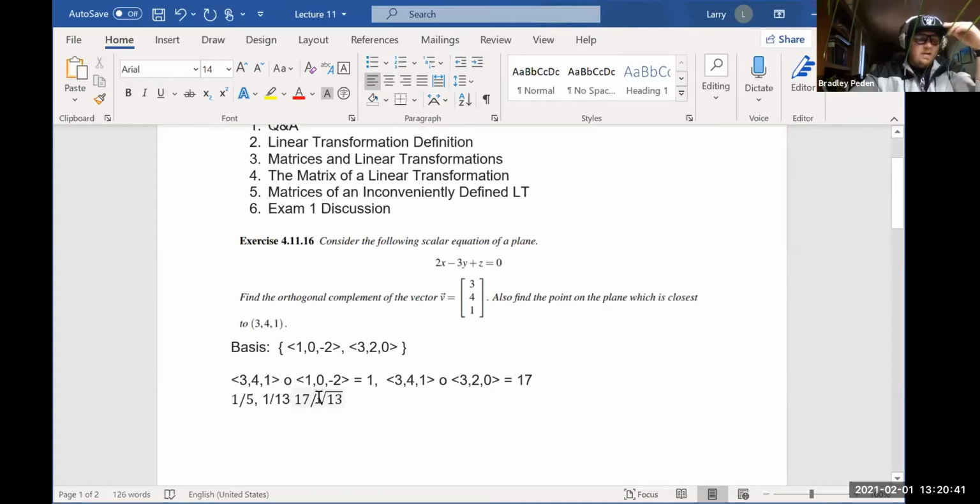Or 17 over 13, actually. Okay, and then what do we do? Multiply that constant by our basis vectors. Mm-hmm. So what should I write? Vector 1/5, 0, -2/5.